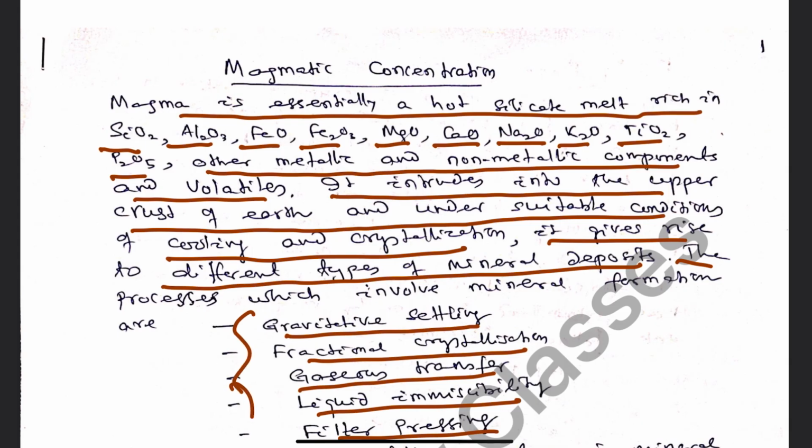These are the mechanisms by which magma undergoes cooling, and by these methods different economic minerals produced by magma are concentrated in order to give rise to economic mineral deposits.